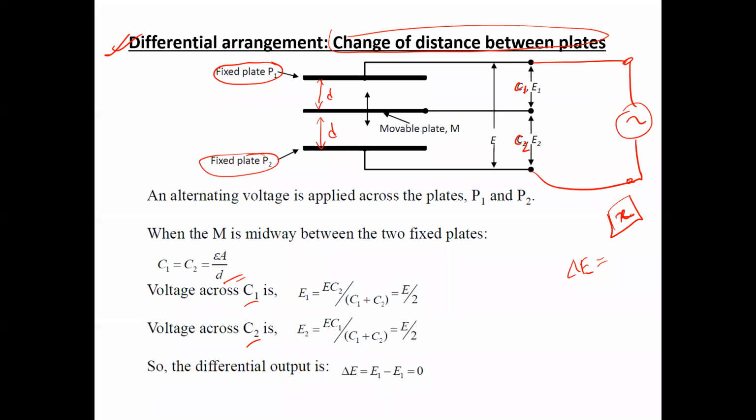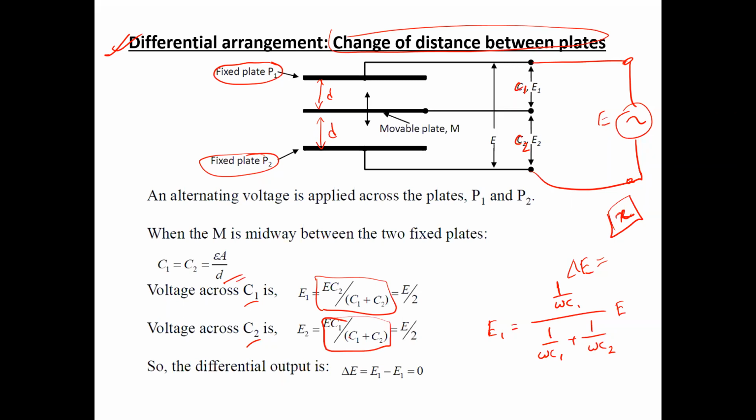So similar to what we do for a resistive circuit, we can apply the voltage divider rule in the form of capacitive reactance, and obtain these two expressions for the voltage drop across C1 and C2.